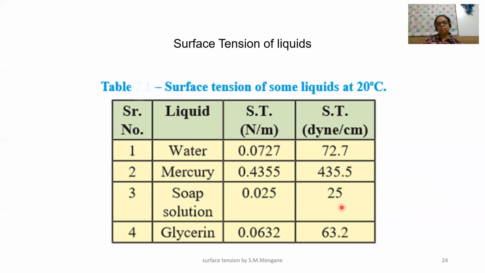We also say the surface tension of water decreases by using soap solution. So if we add detergent in water, then we get soap solution. It means by adding detergent, we can decrease the surface tension.